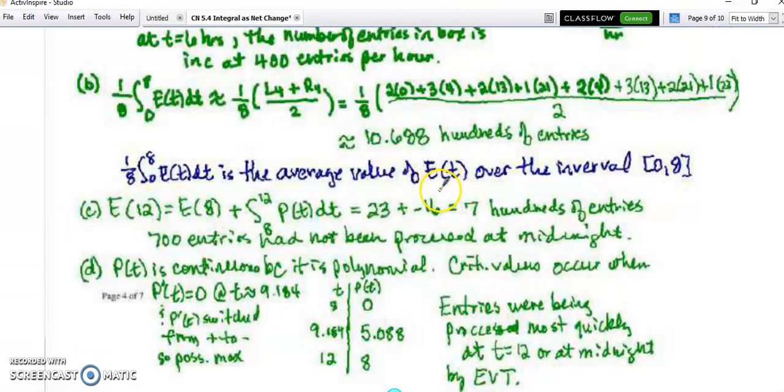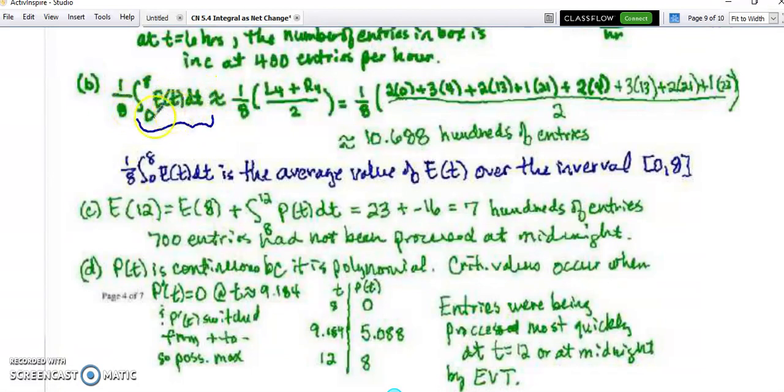Now, one of the things that is commonly missed on this is the units, which I'm coming back up here to talk about. When you are doing this net change right here, this net change is going to be hundreds of entries times your hour.